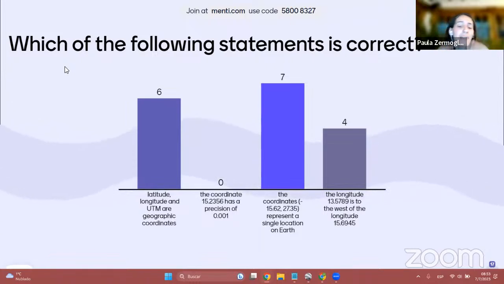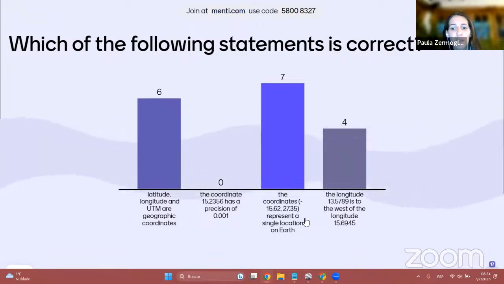And so depending on where we start and which direction we go, we will be defining a different location. So yes, we need the coordinate reference system or the datum. That is exactly the reason for this statement to be incorrect. Yay, excellent.